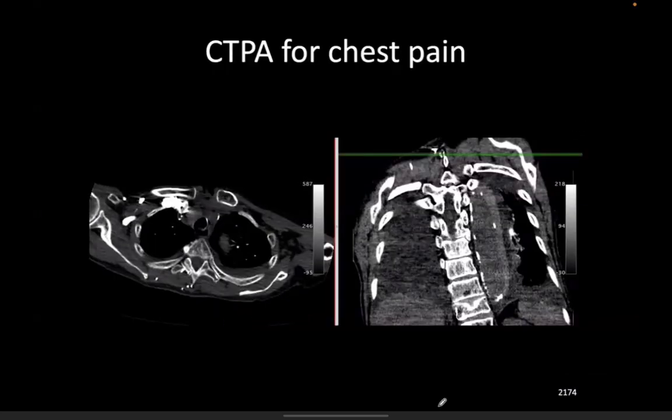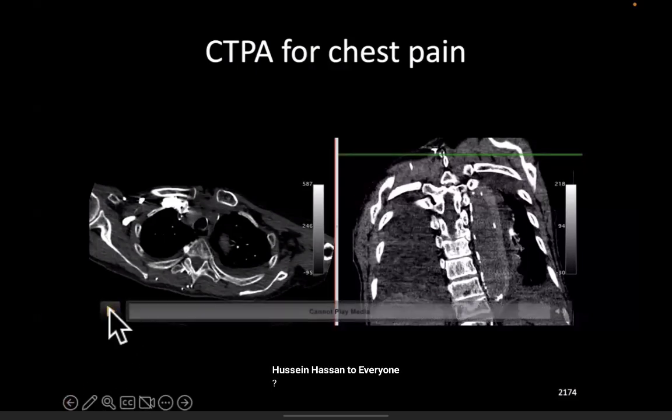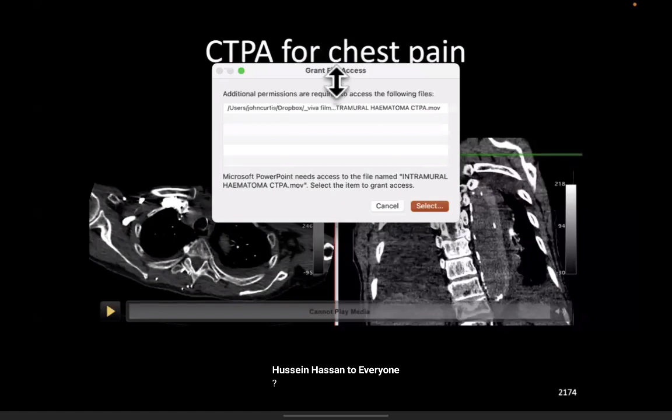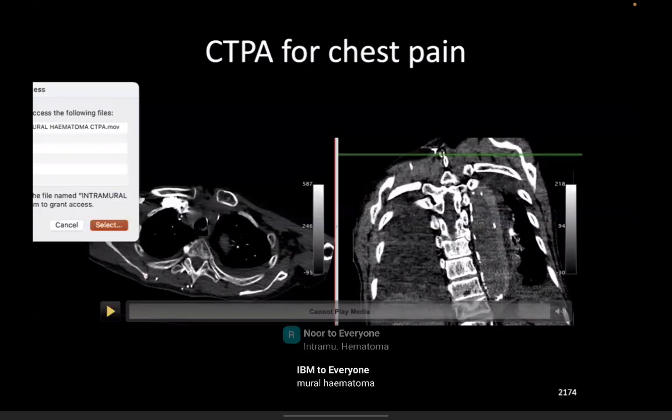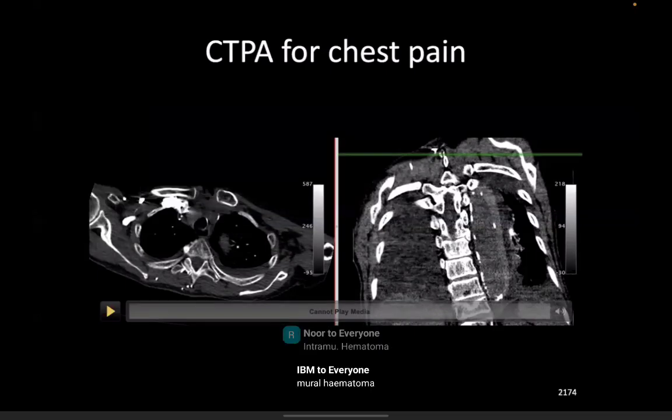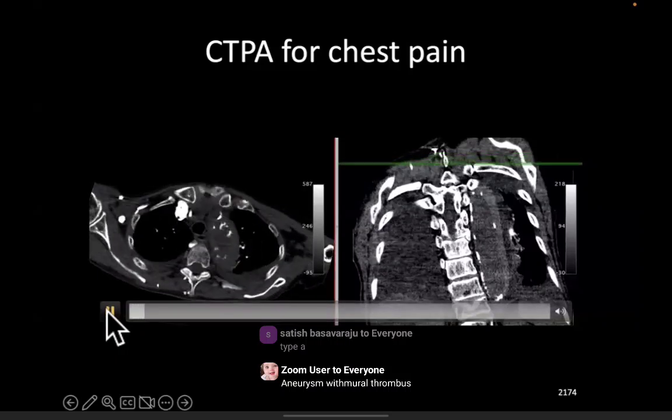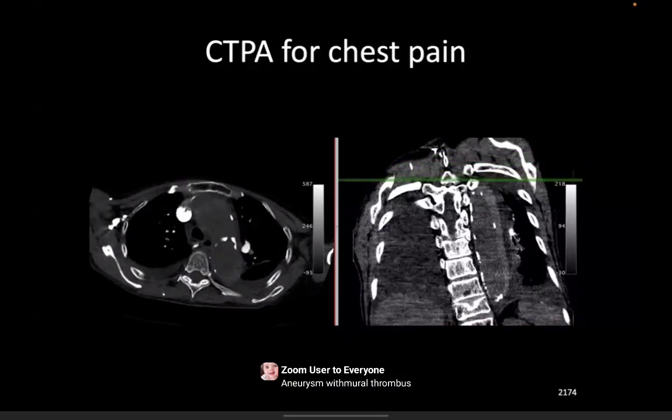Okay, this patient has had a CTPA for chest pain. For some reason, I have to go through this process every time I play a movie.